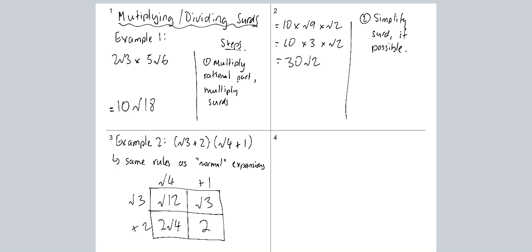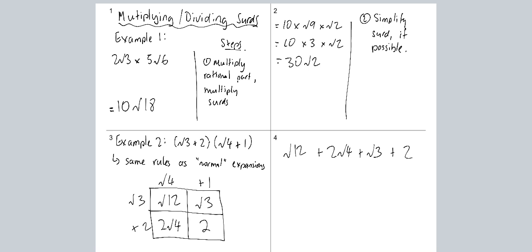So if I write it all out, it would be root 12 plus 2 root 4 plus root 3 plus 2. You can see there are no like terms to add together yet. Root 12 is different from root 4. It's different from root 3.